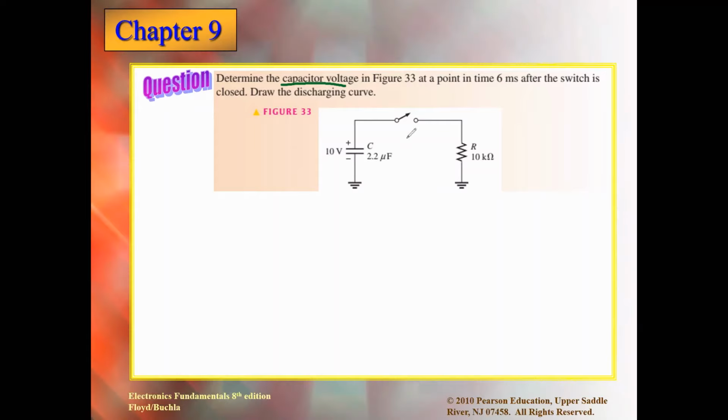You see here we don't have any battery, only a capacitor and a resistance. So when I close this switch, what will happen? This capacitor will discharge via this resistance, because the resistance will consume the energy. So it will discharge.